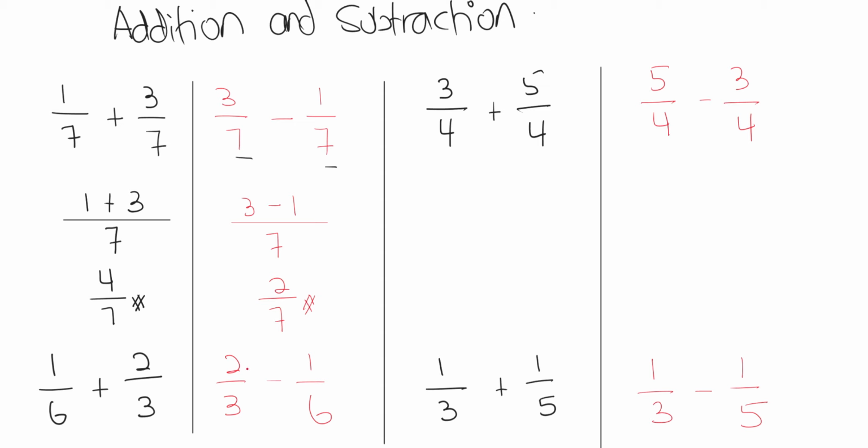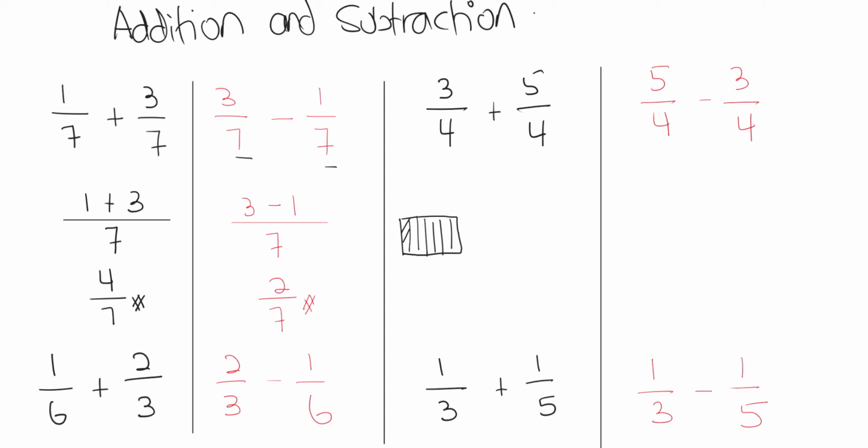Okay, now just quickly explain to you what this is all about. So if I have a block, all right, and the first one is divided into 7 equal parts. Just assume that this is 7 equal parts.